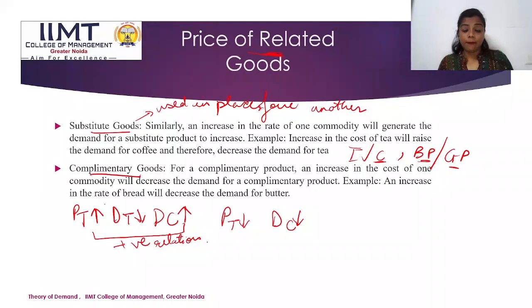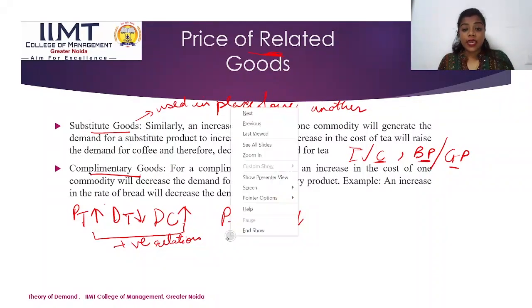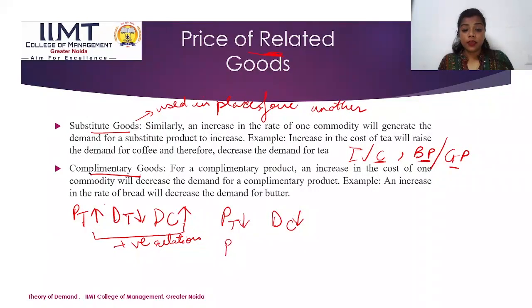Let us take an example. If the initial price of tea was 5 and the initial price of coffee was also 5, the demand for tea was 10 units and the demand for coffee was also 10 units. Now, if the price of tea has risen to 10, the demand has fallen to 5.